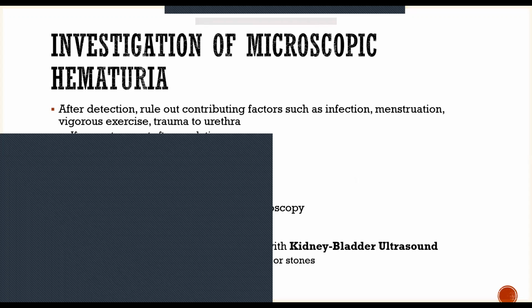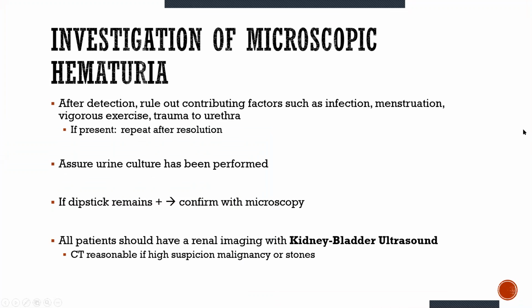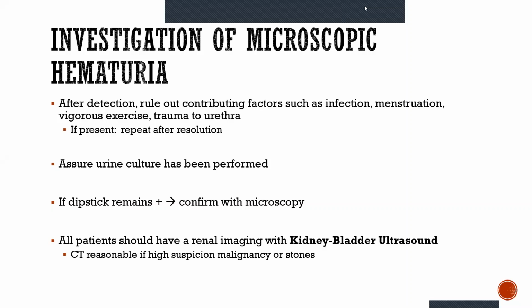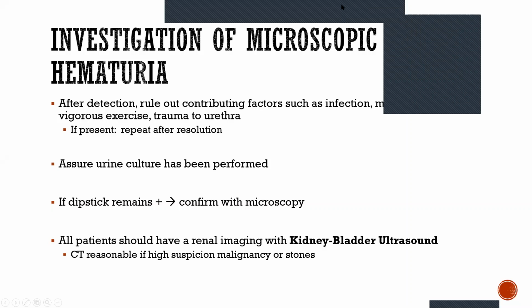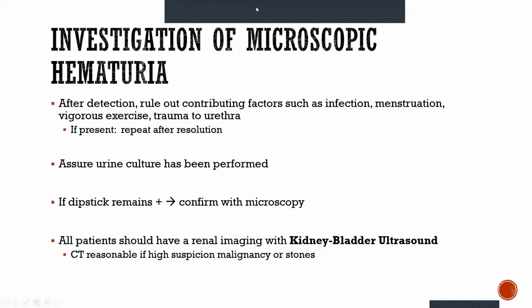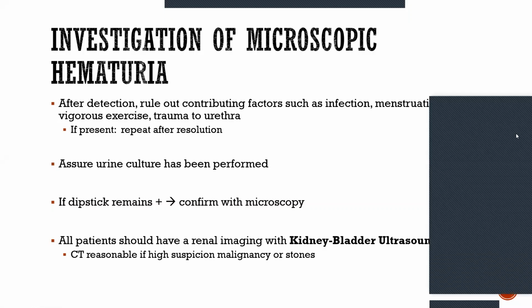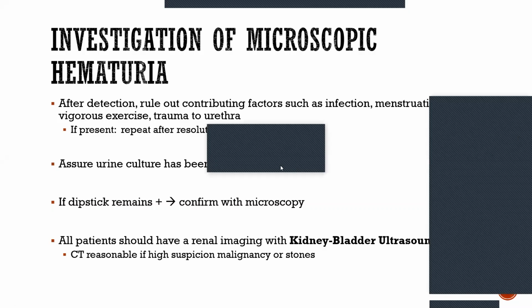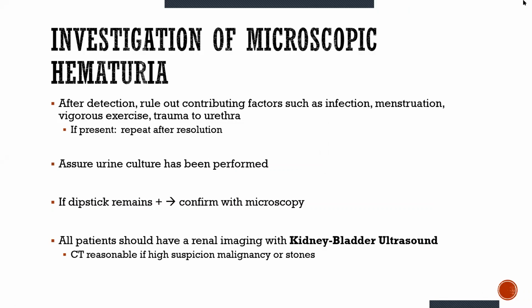So if any of those could be present, you want to address the underlying cause and then repeat the dipstick. If it's persistent on repeat, that's when you should send microscopy off for confirmation. And all patients with confirmed microscopic hematuria generally should have imaging done with a kidney bladder ultrasound.